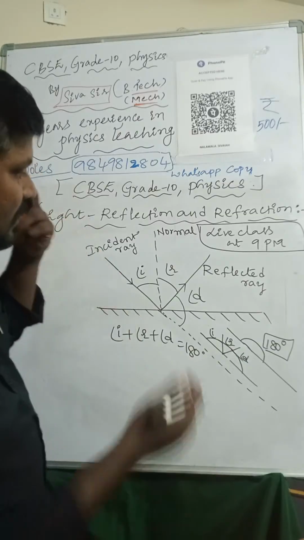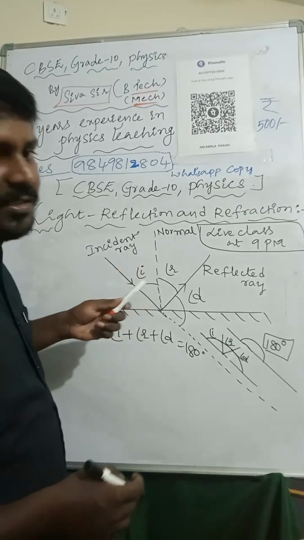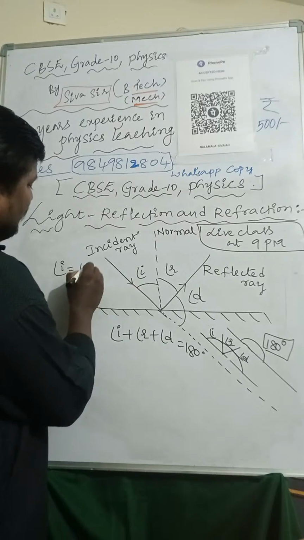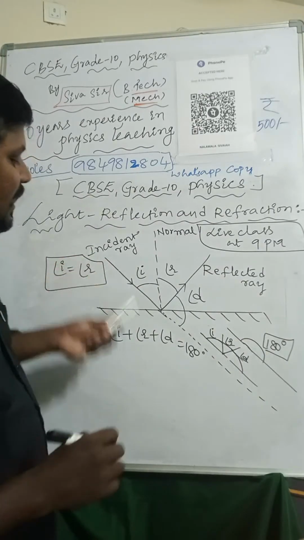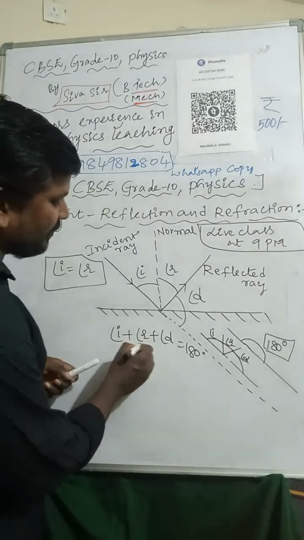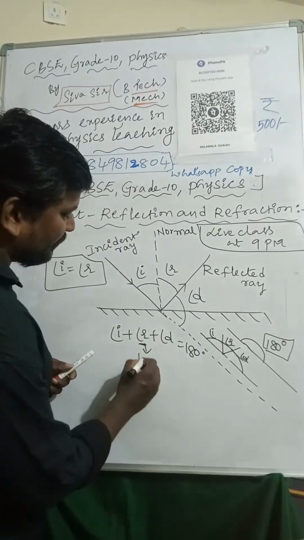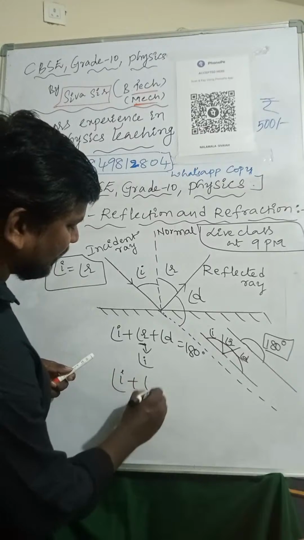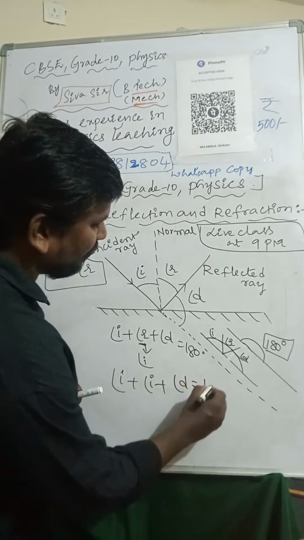Sir, just now you explained the laws of reflection, right? What is the law of reflection? The angle of incidence is equal to the angle of reflection. This law we will use. Here, instead of the angle of reflection, I'm substituting the angle of incidence. Then you get angle of incidence plus angle of incidence plus angle of deviation equal to 180 degrees.